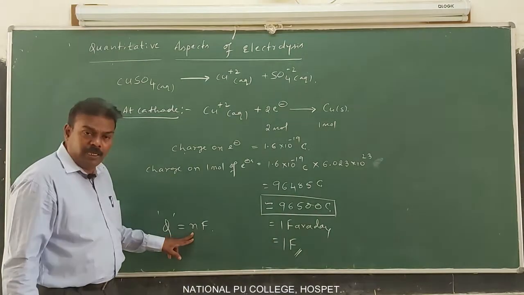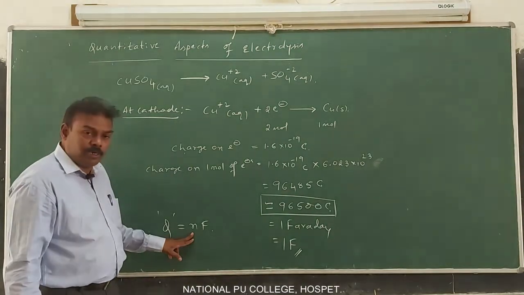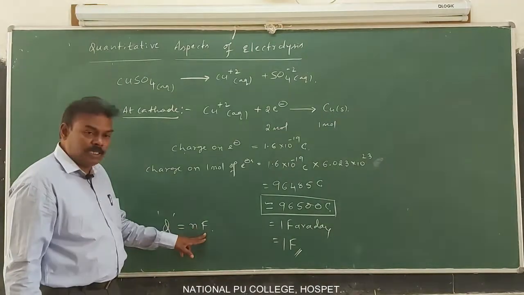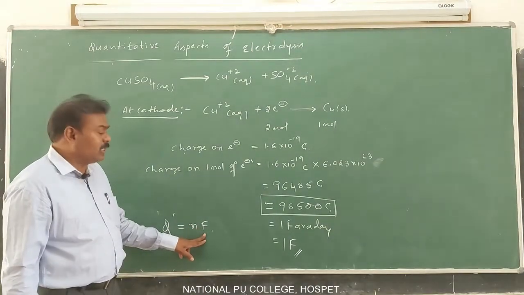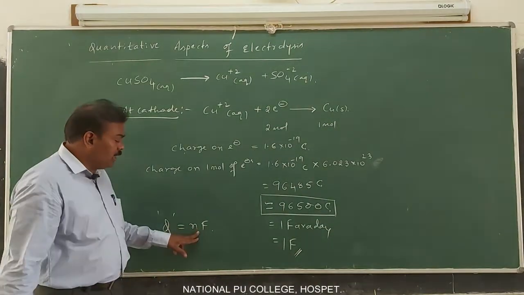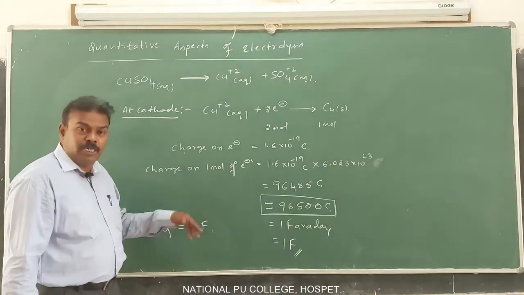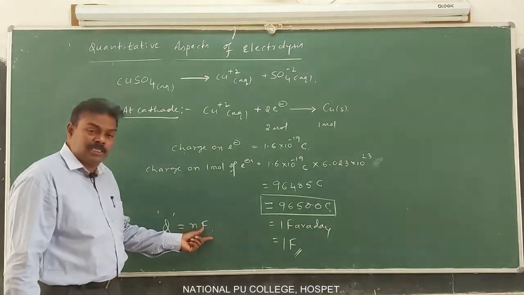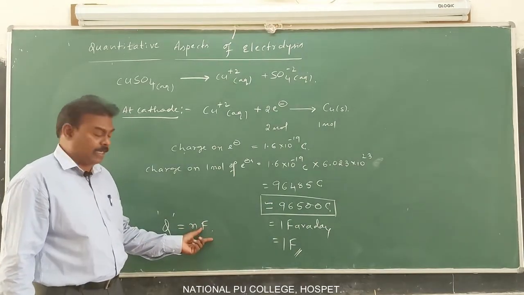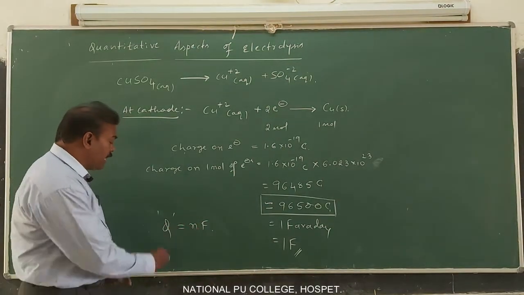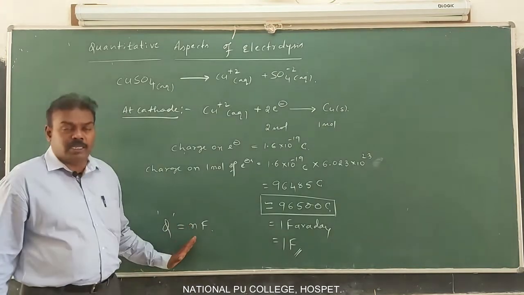If 3 moles of electrons are passed through the wire, it is 3 Faraday or 3F. That means 1 into 96,500 coulombs, or 2 into 96,500 coulombs, or 3 into 96,500 coulombs. Generally, we take Q equal to n into F.